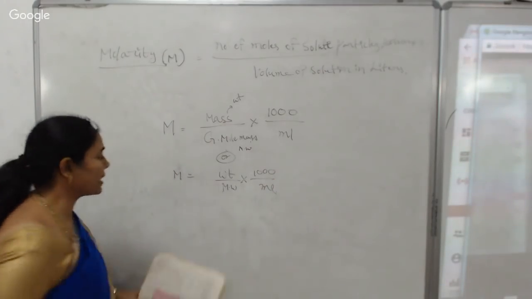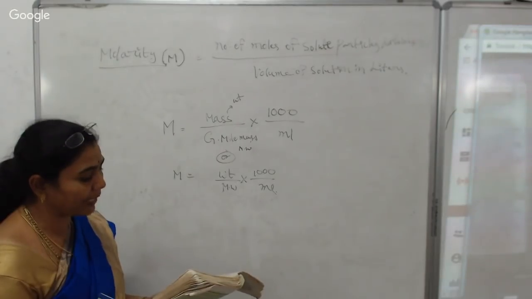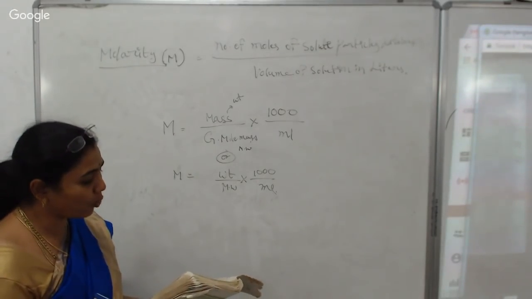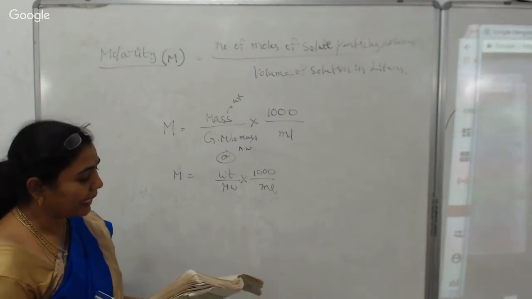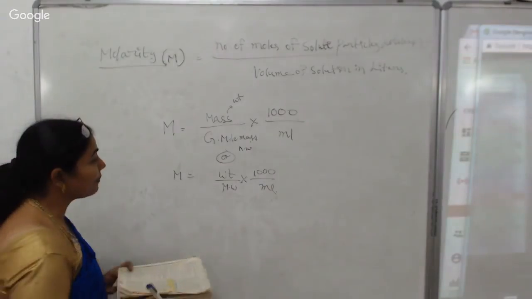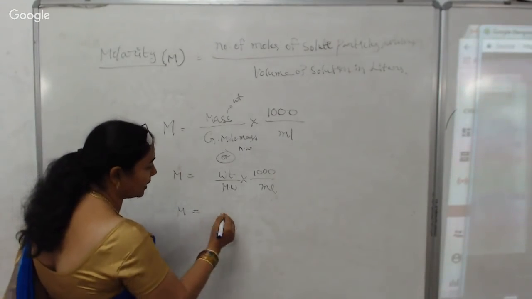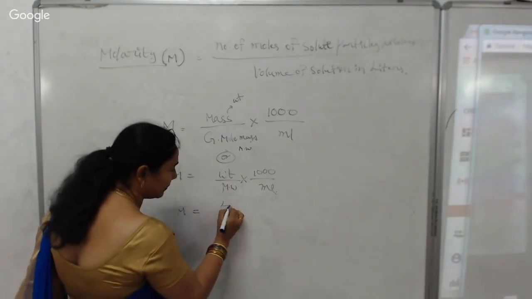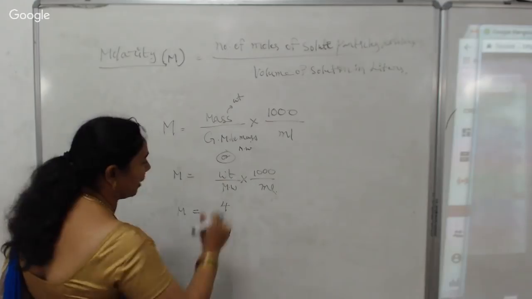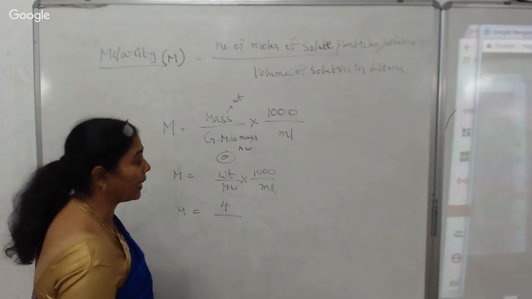Now I will read the problem to check: calculate the molarity of sodium hydroxide in the solution prepared by dissolving 4 grams in enough water to form 250 ml of the solution. The weight of sodium hydroxide given is 4 grams. What is the molecular weight of sodium hydroxide?